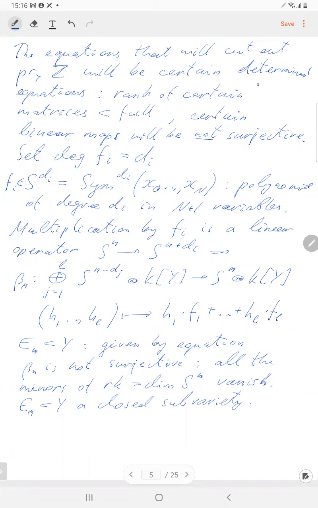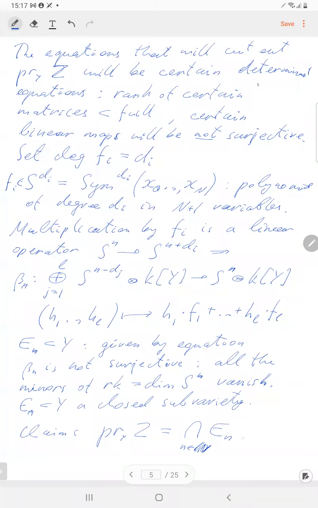Okay. Now I claim that the desired projection image of Z is the intersection of all those subvarieties over all n, positive integers, and that's enough because all those are closed, and the intersection of a family of closed subvarieties is closed, and there we are.